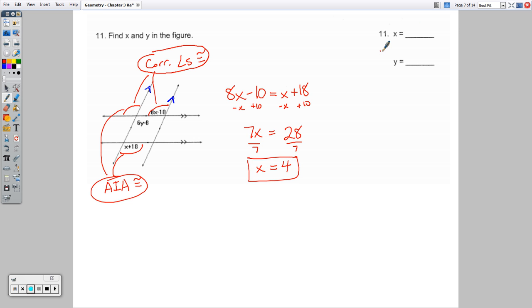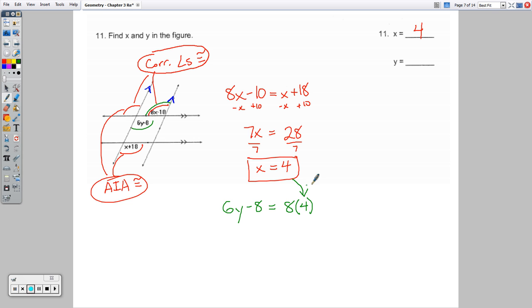Once you know that, it's pretty easy to find y, because the green one and the green one would be alternate interior angles with respect to these two parallel lines and this transversal. So we could say then that 6y minus 8 would have to equal 8x minus 10, but 8x minus 10 becomes 8 times 4.